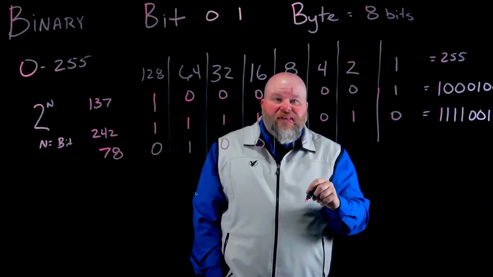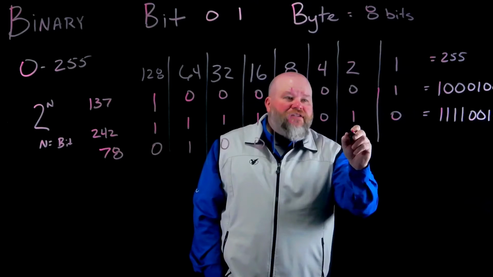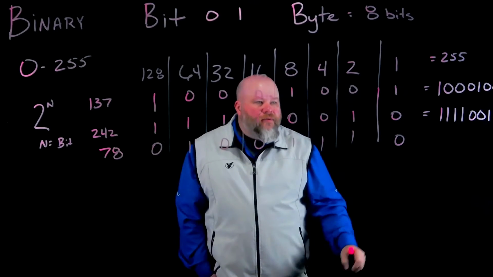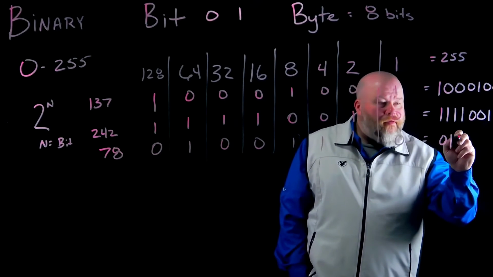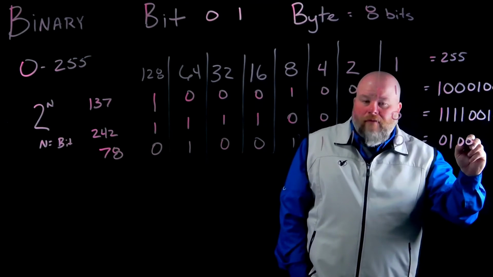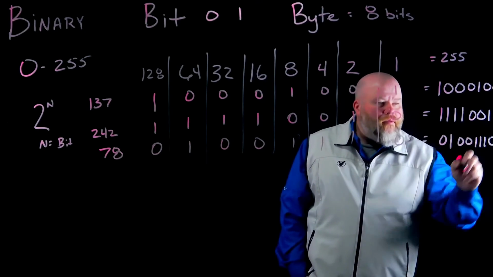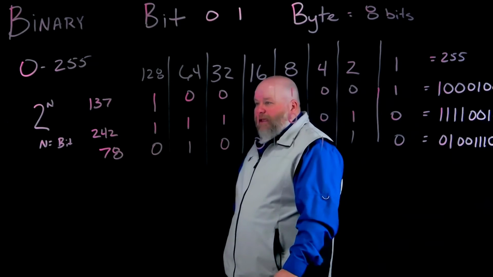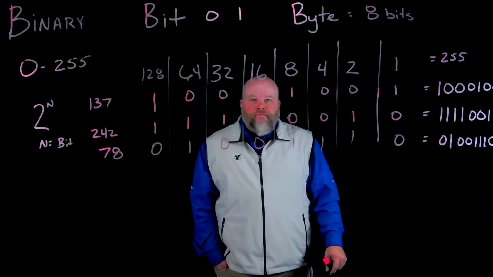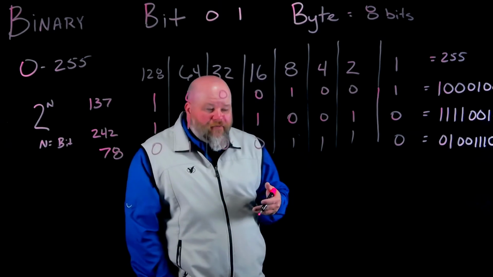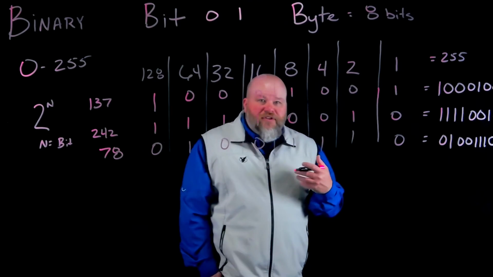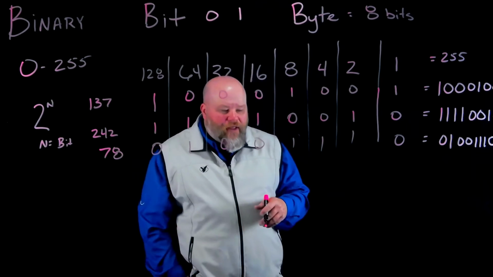Now we have a remainder of 6. 4 is a yes. 2 is a yes. 1's a no. And that's 78. Binary math is not overly complex. It's not terribly difficult. Don't make it more so than it is by getting confused in your head.